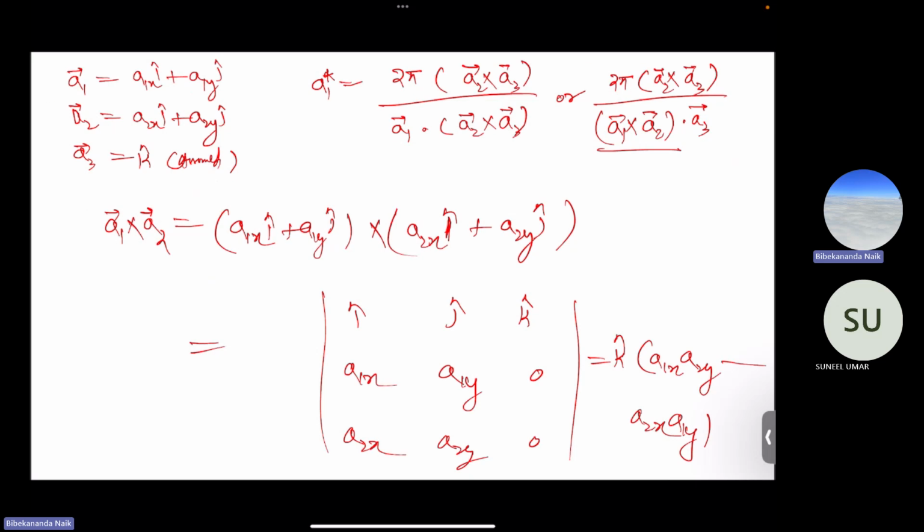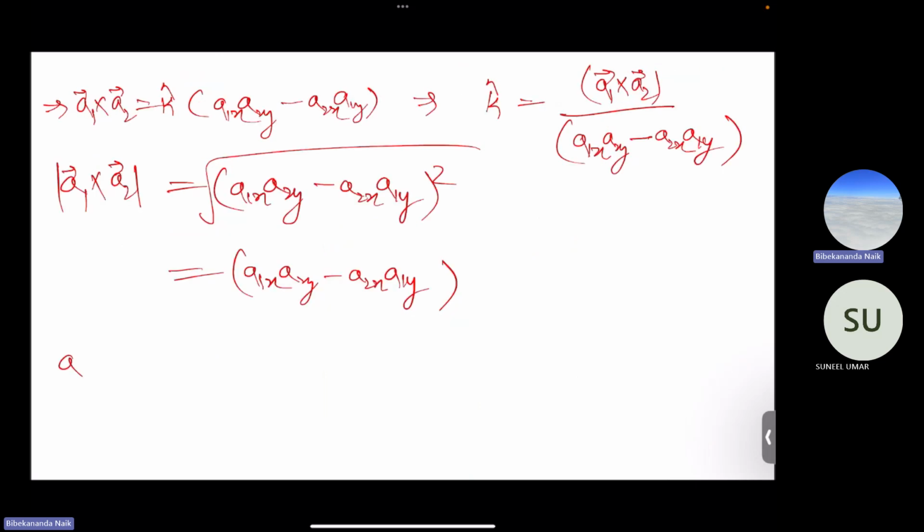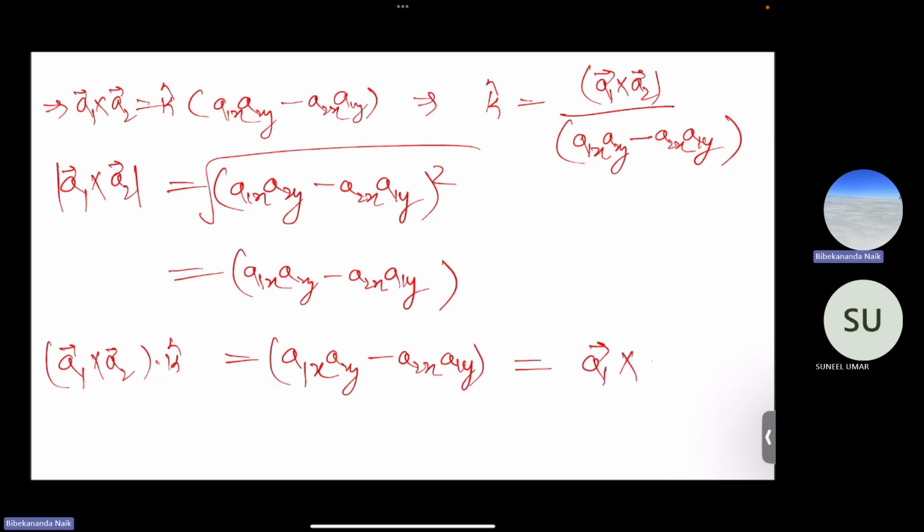This denominator value we can calculate as A1 vector cross A2 vector dot k cap. Again this value will be A1x A2y minus A2x A1y, which will be again the magnitude of A1 vector cross A2 vector. Isn't it?